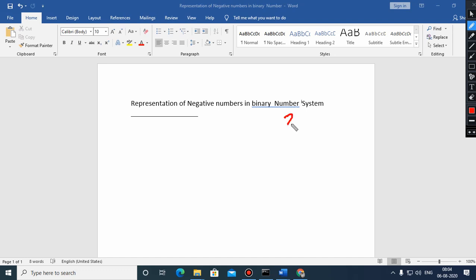So suppose it is 33 and minus 10. First of all, represent this 33 in binary, which is 32, 16, 8, 4, 2 and 1.